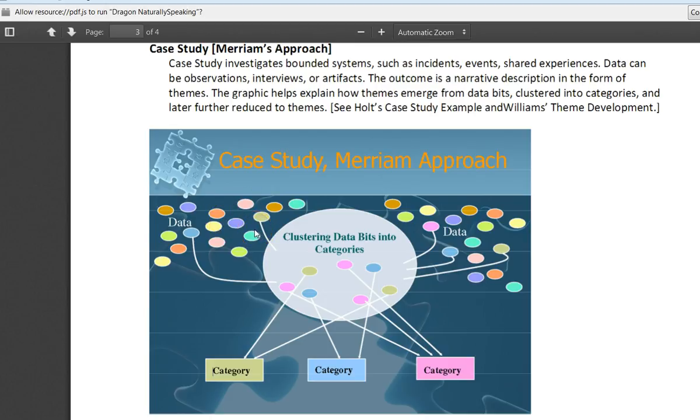The whole idea of the analysis of case study is to cluster those data bits and then to separate them by like category, much like you would be doing a jigsaw puzzle. You're looking for the blue pieces and you want to collect all the blue pieces together. You're not quite sure whether the blue here is going to be that cool looking Corvette or whether it's going to be the sky.